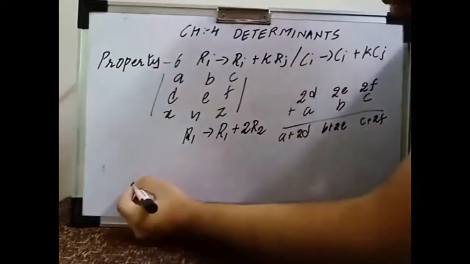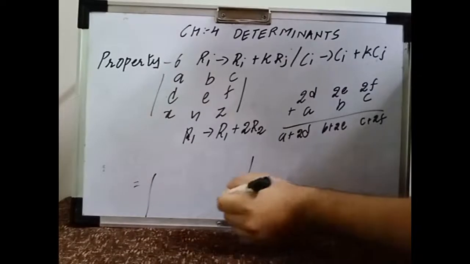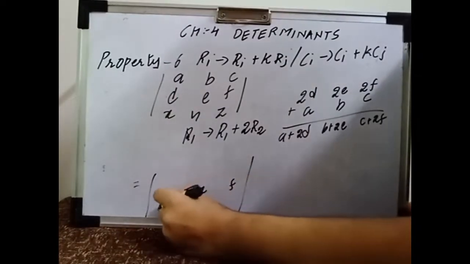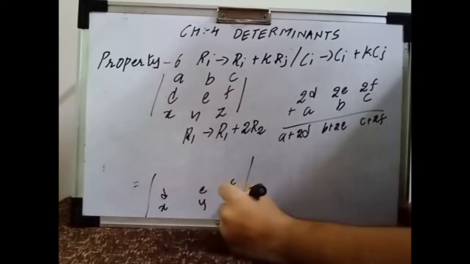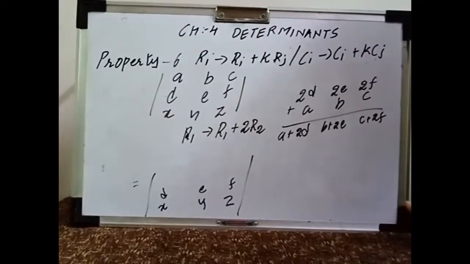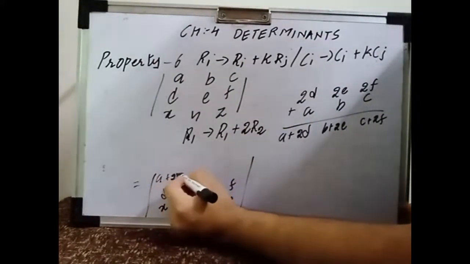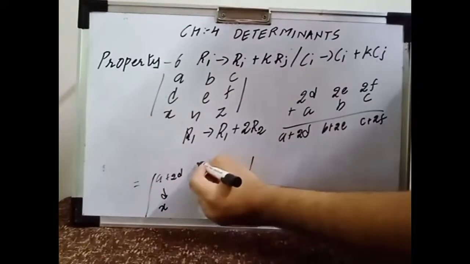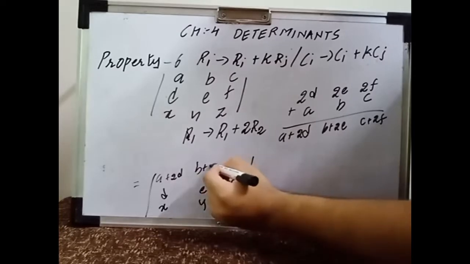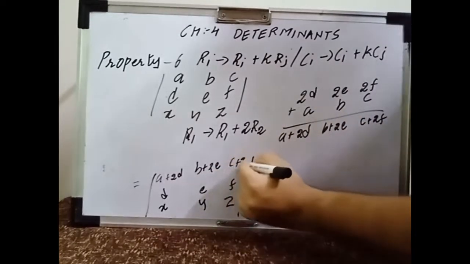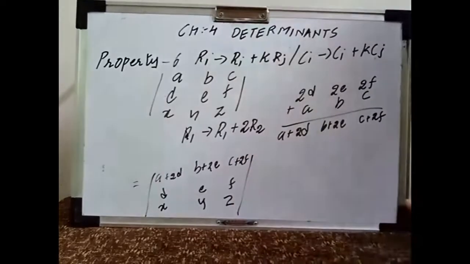Row 2 and row 3 will be unaltered: D, E, F, X, Y, Z. Only your new row 1 will be A plus 2D, B plus 2E, C plus 2F.